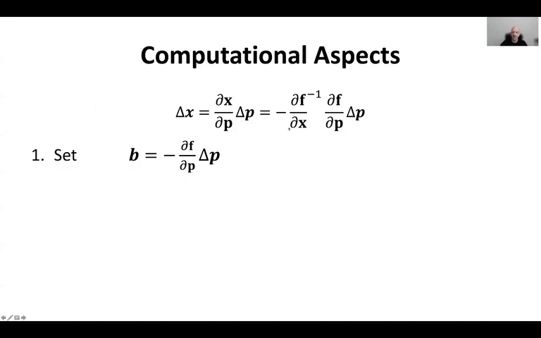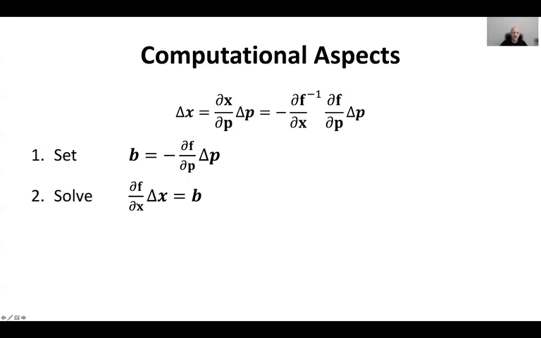Well, that's very simple. But then we're left with this expression here times b is equal to delta x. And that we can actually convert into just a single linear system where we solve for delta x with a given right-hand side b and our given force Jacobian df dx.